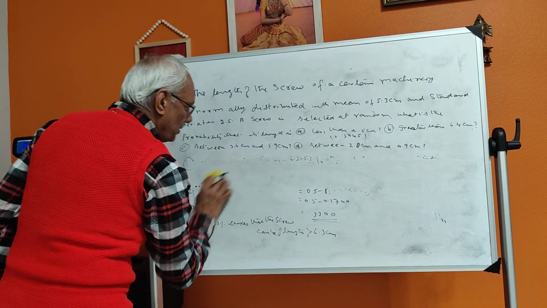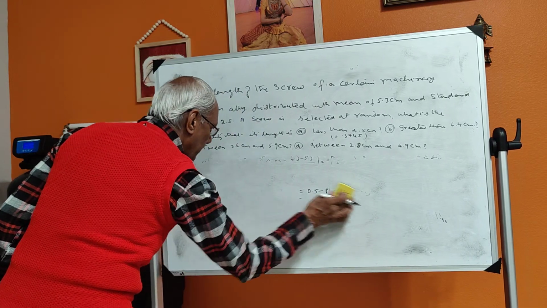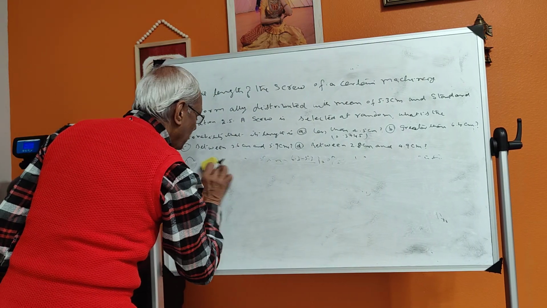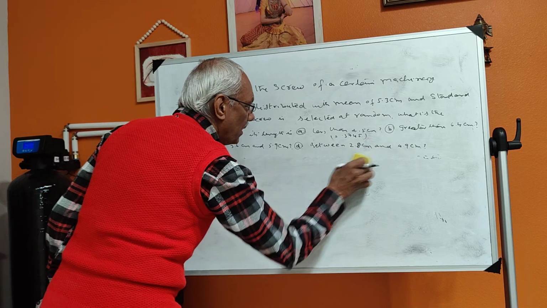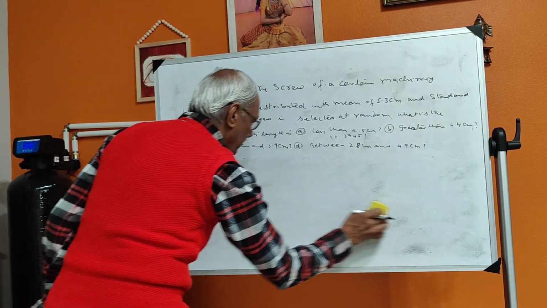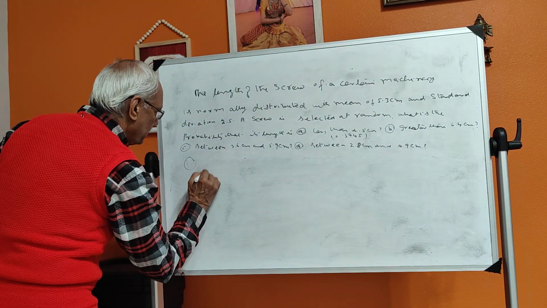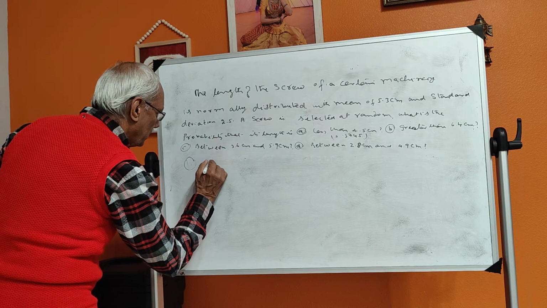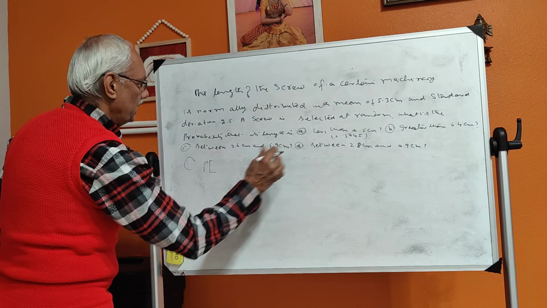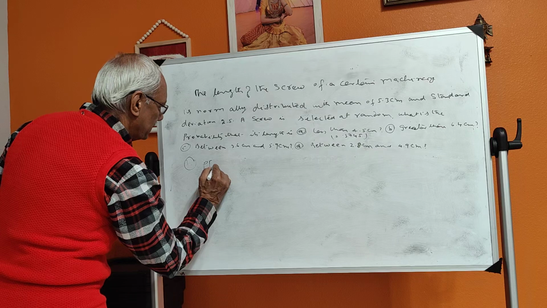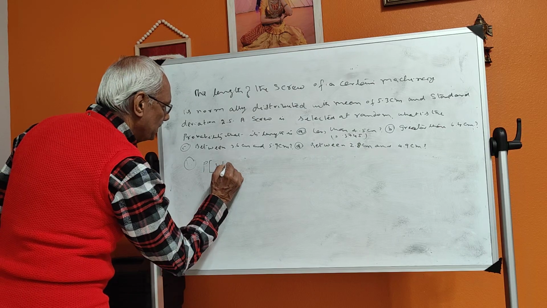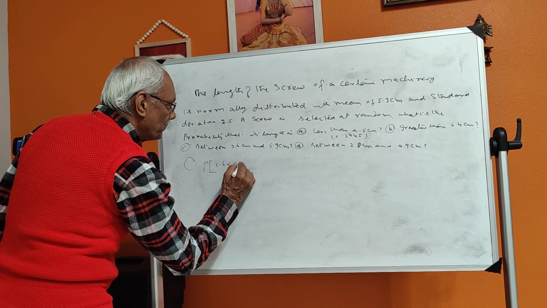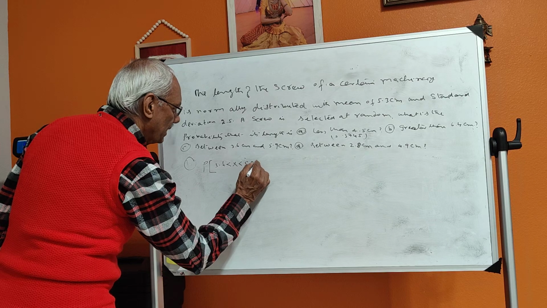Now what is the third problem here? The third problem is P of it lying between 3.6 less than x less than 5.9.